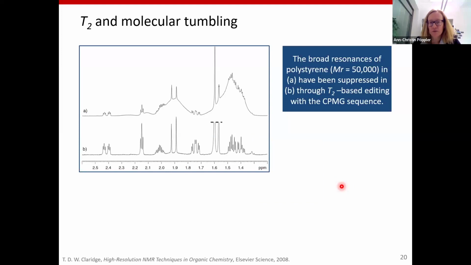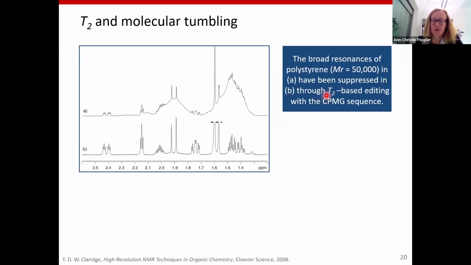And then with T2, I have brought you one example from a textbook, from the Claridge textbook, where the short T2 time of polystyrene, a very large polystyrene polymer, which gives very broad resonances in the NMR spectrum, have been suppressed using, for example, a CPMG sequence, which causes T2 editing.